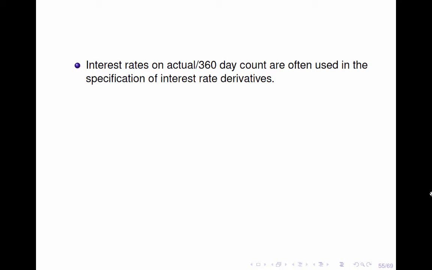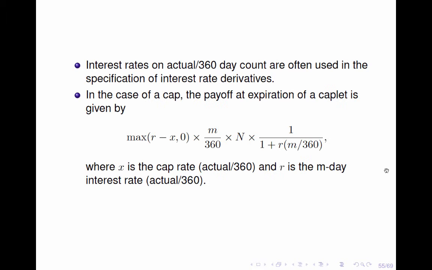Interest rates on actual over 360-day count convention are often used in the specification of interest rate derivatives. In the case of a cap, the payoff at the expiration of a caplet is given by the following formula, where X is the cap rate and R is the M-day interest rate.